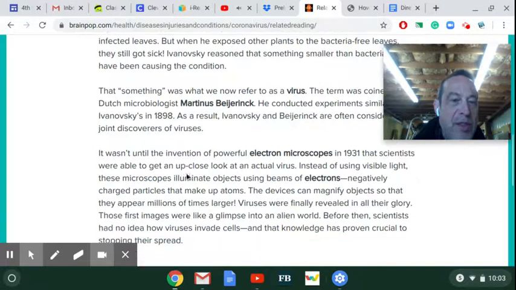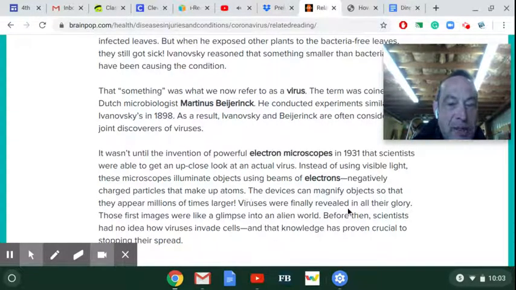It wasn't until the invention of powerful electron microscopes in 1931 that scientists were able to get an up-close look at an actual virus. Instead of using visible light, these microscopes illuminate objects using beams of electrons, negatively charged particles that make up atoms. The devices can magnify objects so that they appear millions of times larger.